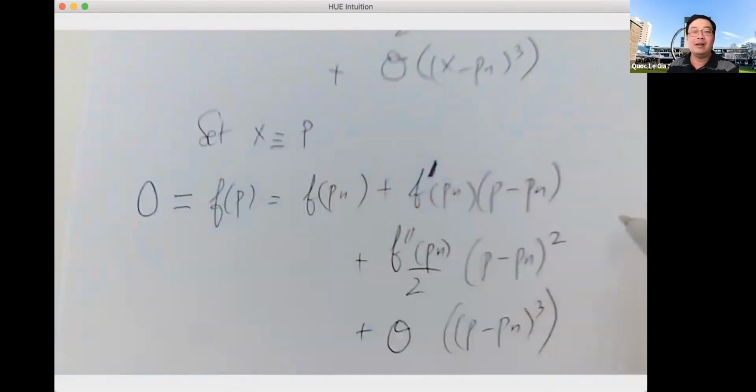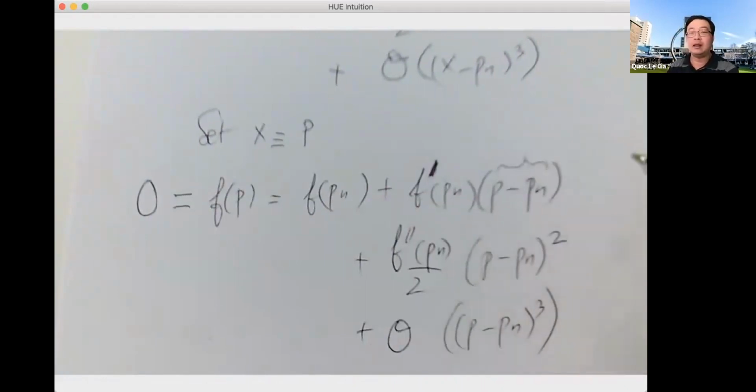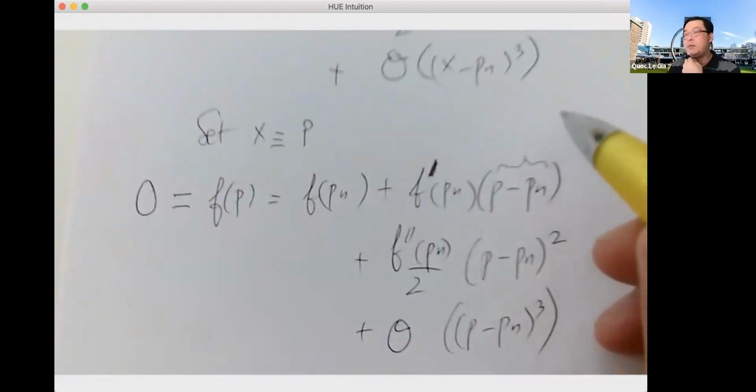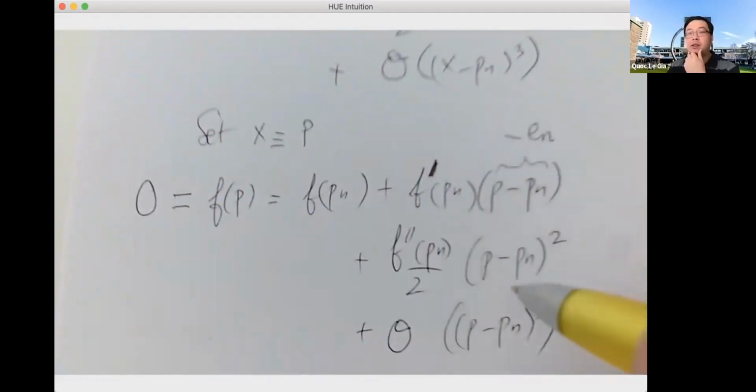And remember what p minus Pn is: it is minus En, so this is minus En squared.